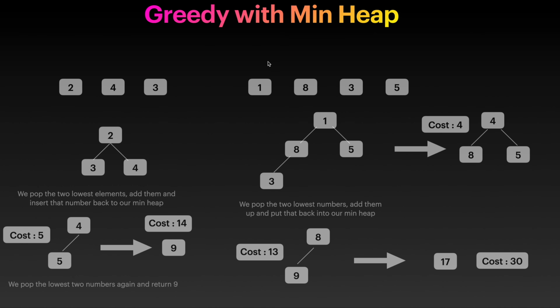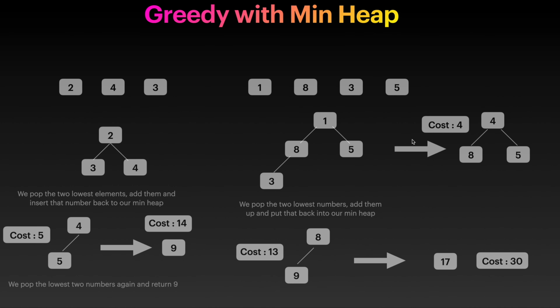And then you look at this example, 1, 8, 3, and 5. It's pretty much the same. You pick the two lowest numbers, there will be 1 and 3, which makes 4. So your cost will be 4, and then you put 4 back into your array. So you have 4, 8, and 5. You pick the two lowest numbers, there will be 4 and 5, and you add that number to the cost.